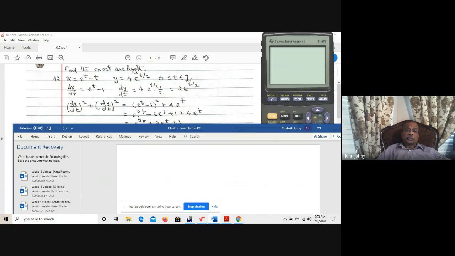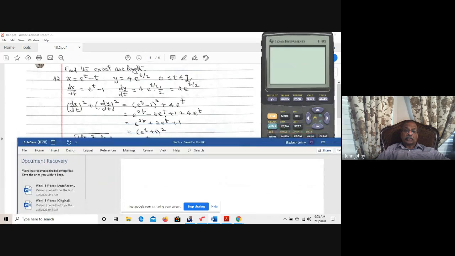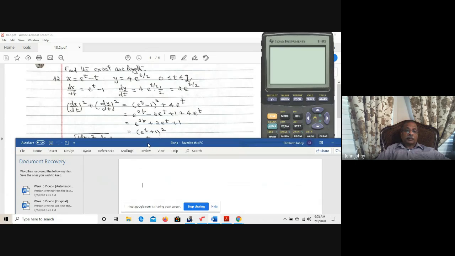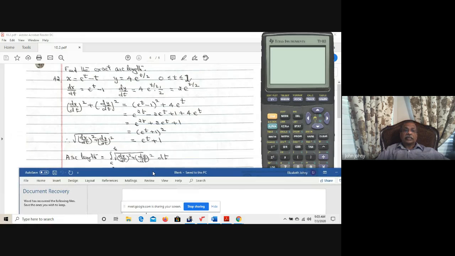You get e to the 2t minus 2 e to the t plus 1 plus 4 e to the t, and combine like terms. 4 e to the t minus 2 e to the t is 2 e to the t. So it is e to the t plus 1 the whole square. This is factorable. So the square root of dx over dt the whole square plus dy over dt the whole square is the square root of this expression, which is e to the t plus 1. The rest is easy, but the algebra is the only difficult part.